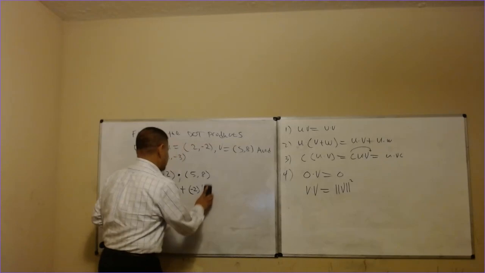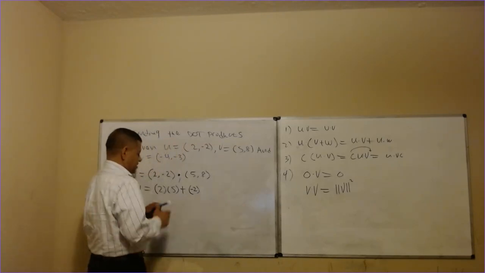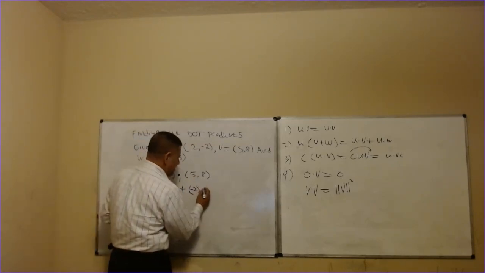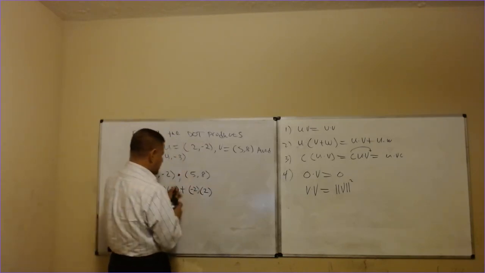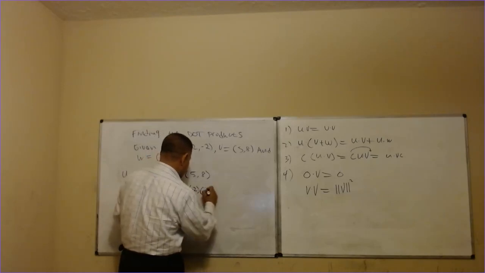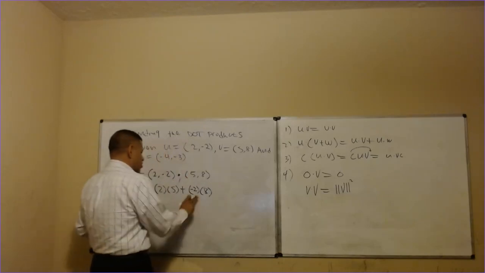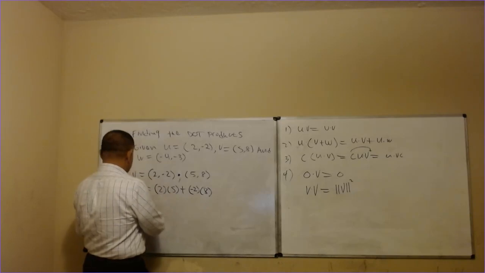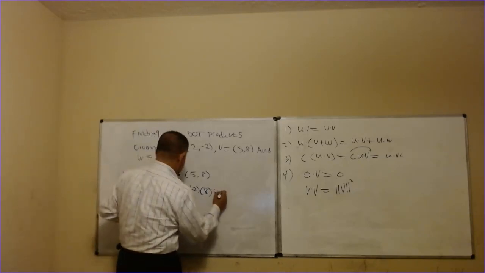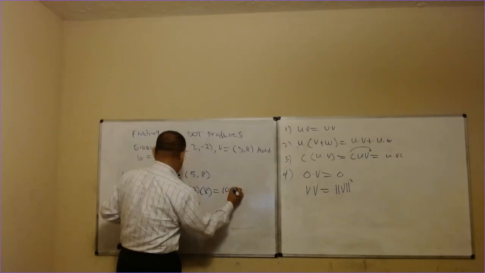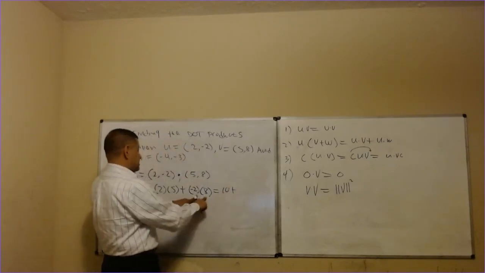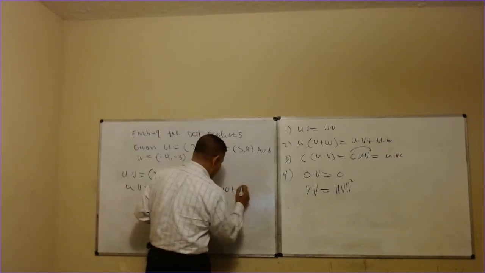Let me erase this because I got a bunch of blue over here. The camera probably will not be able to zoom that, right? So now it's times 8. All right, so we do that. 2 times 5 is 10, plus this is going to be negative 16, right?